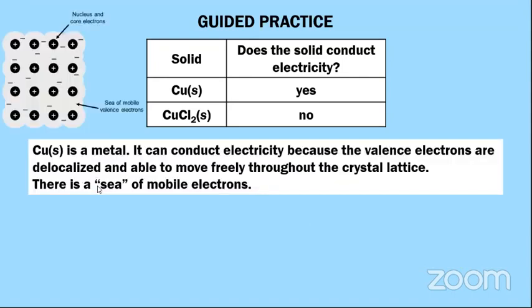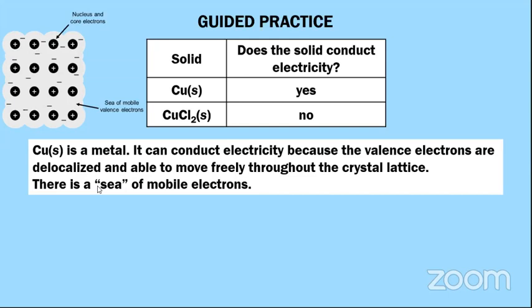You may remember seeing that picture of the sea of mobile valence electrons. Copper is a metal and can conduct electricity because the valence electrons are delocalized and able to move freely throughout the crystal lattice. So the sea of mobile electrons is why copper, or any metal, is a good conductor. Now for copper chloride, something is not able to move around.